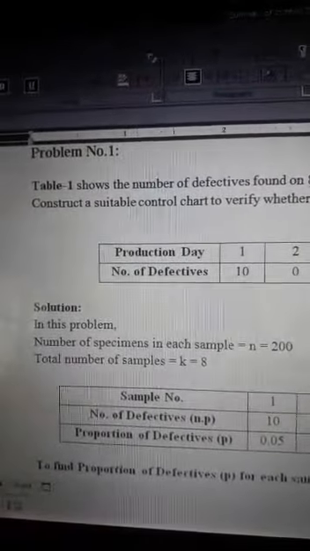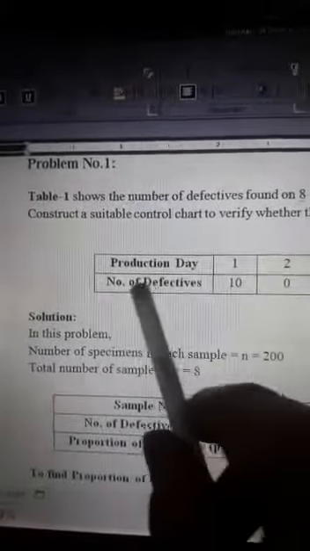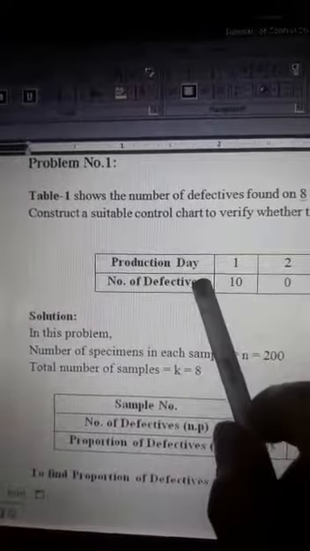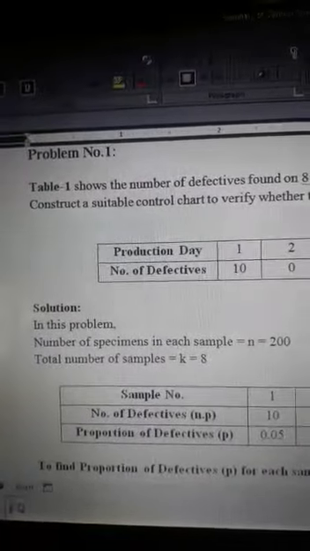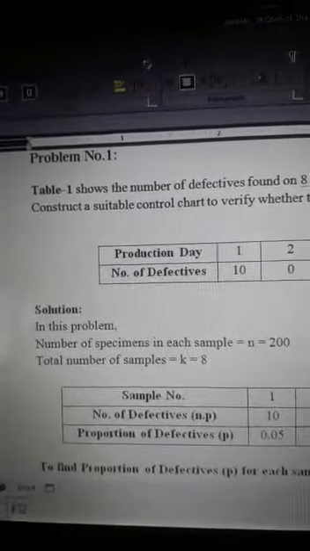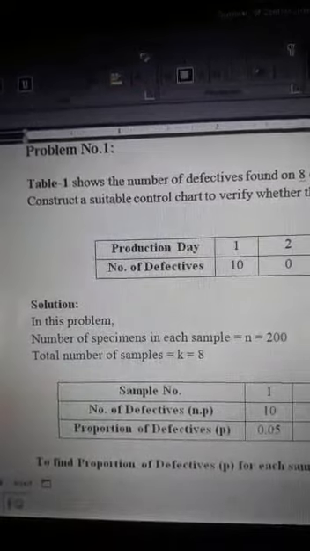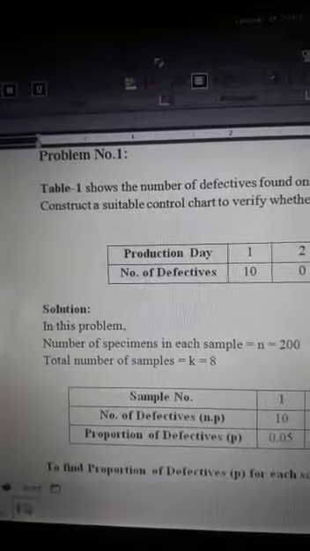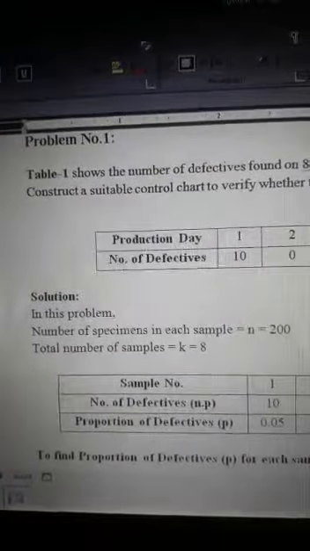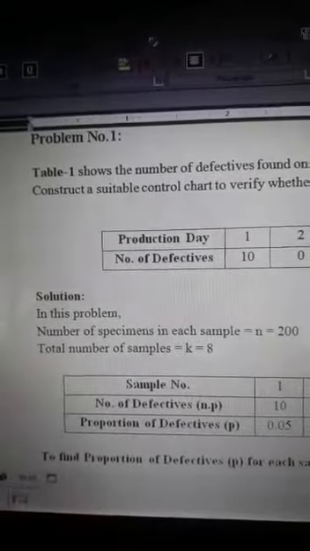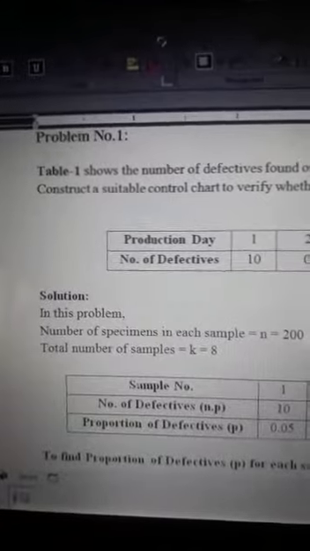Now, the moment we find this thing, number of defectives, either number of defects or number of defectives, this is nothing but an attribute. So the control chart which we need to use should be a control chart for attributes.